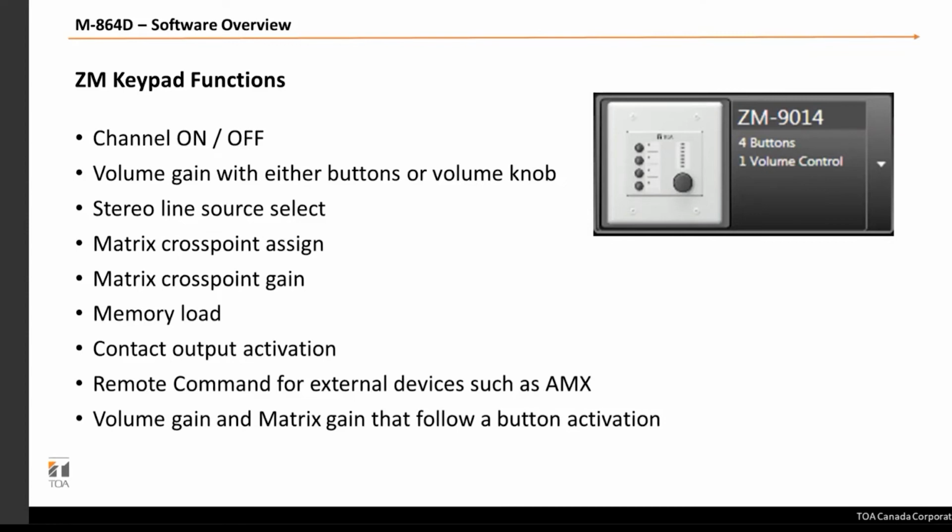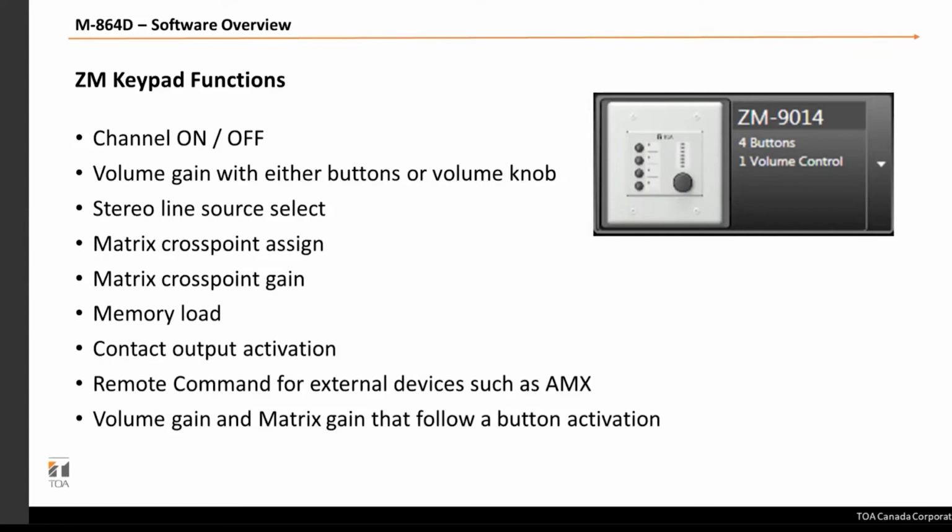And you can also activate a control output from those buttons as well. Let's say you want to close up the light in your room, well, you can assign also the control output to do so with other equipment connected to the mixer.